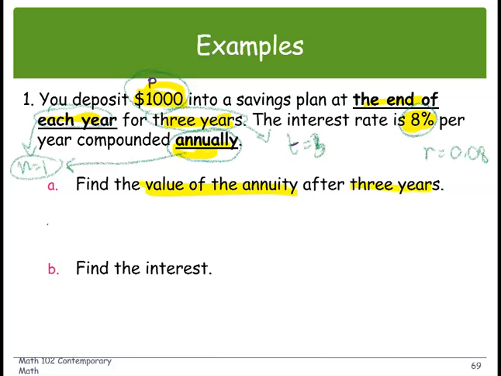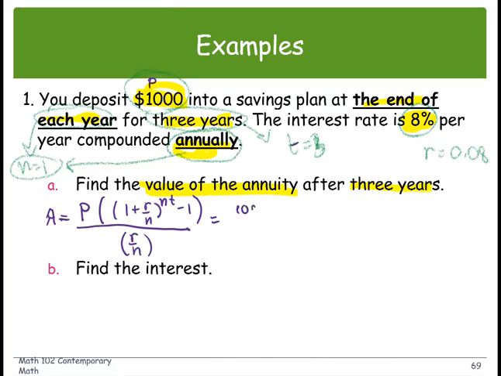Follow the formula: A equals P multiplied by the quantity (1 plus R over n) to the power nt subtracted by 1, close the parentheses, all divided by the quantity R over n.